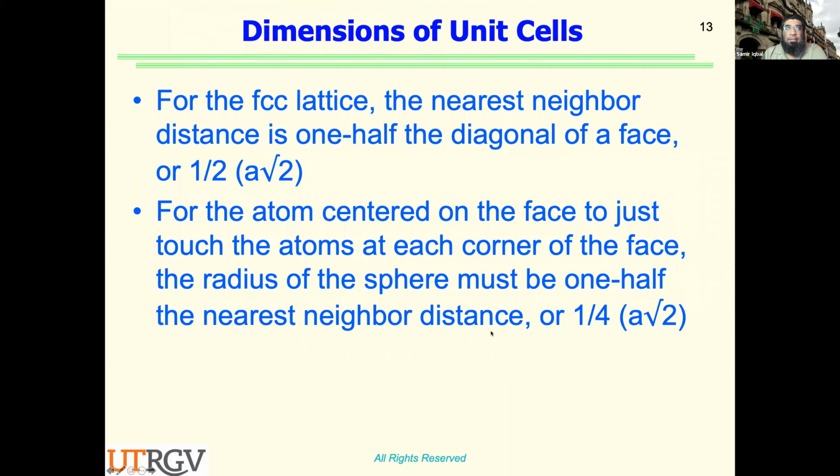And then we can also find the nearest neighbor. It's simple geometry. If you pick one atom, like in simple cubic, the nearest atom is any of those, whether you go right, up, or left, because they're all equidistant. So the nearest neighbor is a, the lattice constant, away from that.